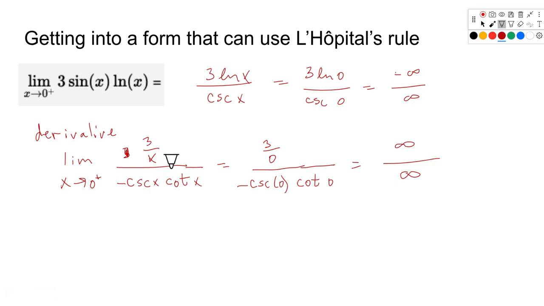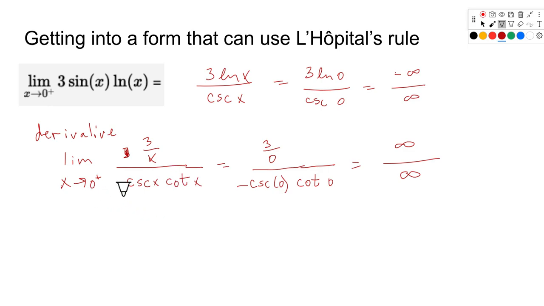The thing is I don't know if we'll get there, because notice natural log derivative 1 over x is going to be x to the minus 1. When you take that derivative, we get 3 over x squared, right? So the top is always going to have an x in the denominator.